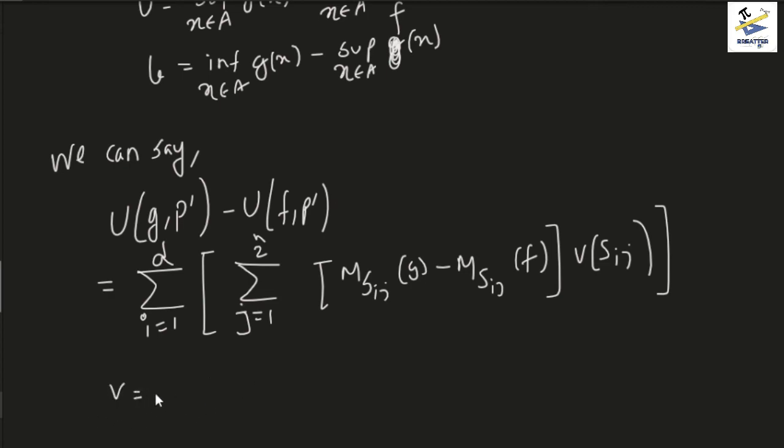And here, obviously, v is the supremum of s belonging to P prime of v of s.